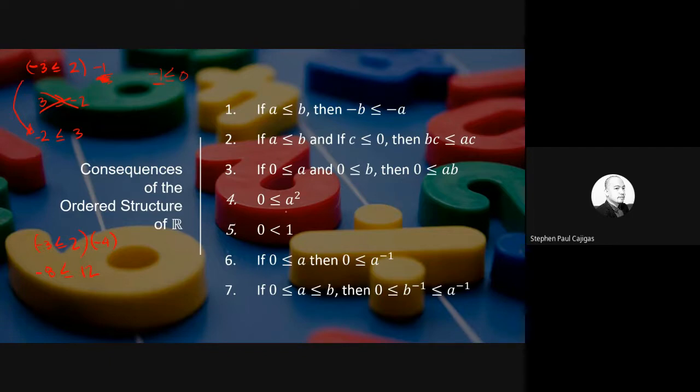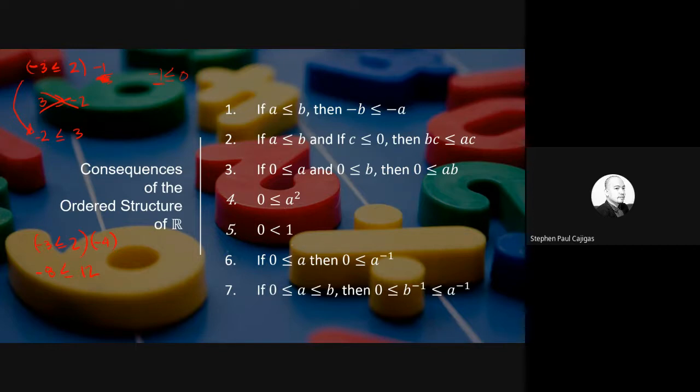So we know that all squares, all perfect squares are positive. That's why the imaginary number started, because you cannot get the square root of a negative number. You cannot get the square root of any negative number because all perfect squares are positive.